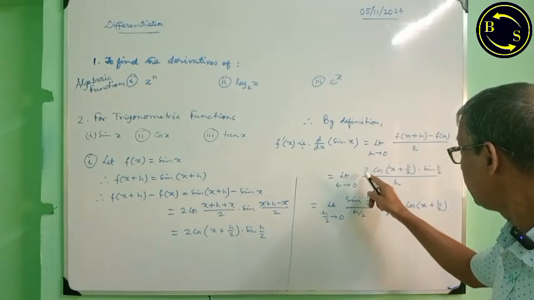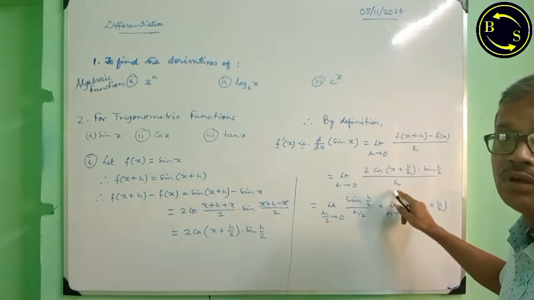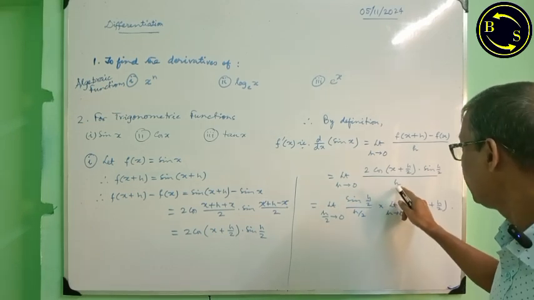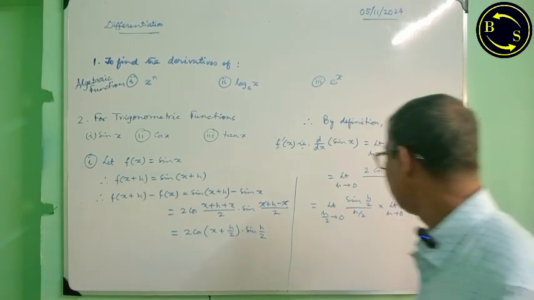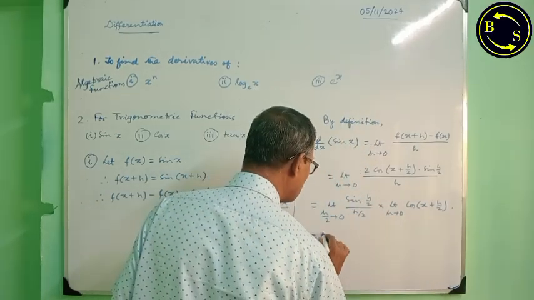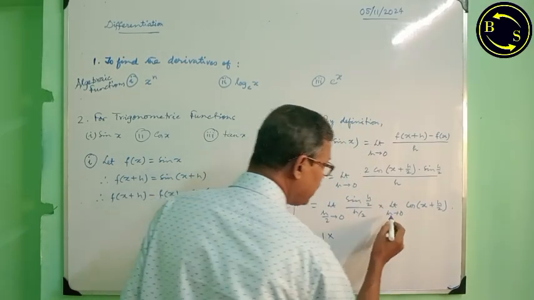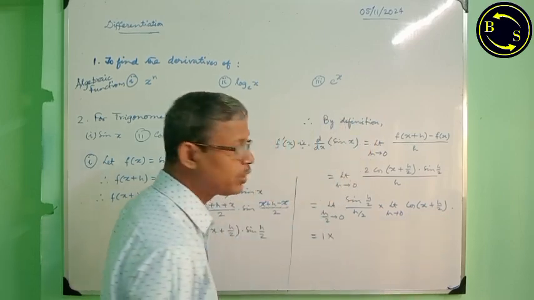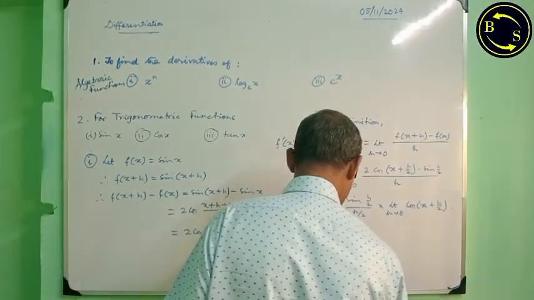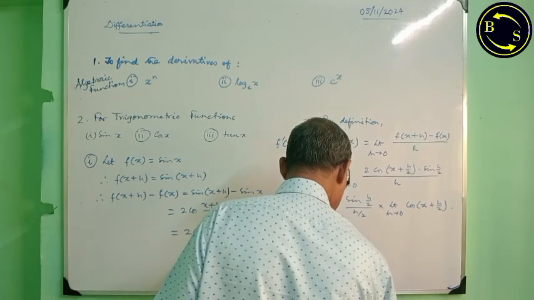For that I have divided h by 2 at the denominator and written like this. Now this is standard limit, the value is 1, into h tends to 0, we have to put here finally h equal to 0, therefore this will be cosine x.